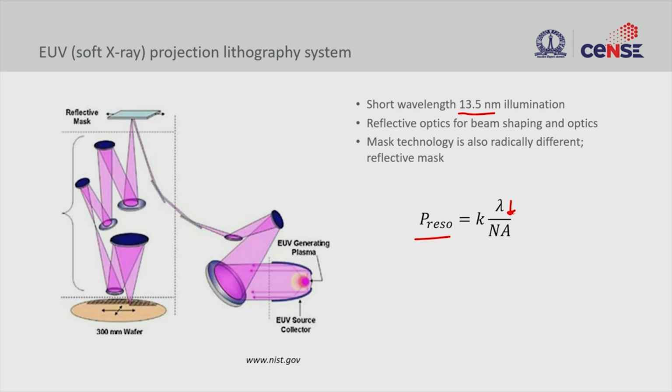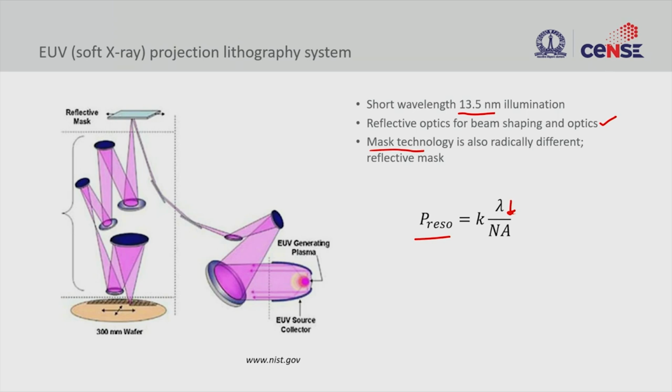All the beam shaping and optics here are going to be reflective. The other important thing is the mask is also going to be reflective. So the diffraction through transmission is now going to be completely different. It is going to be reflection, so the diffraction is going to be very different, and the optics are going to be also very different.